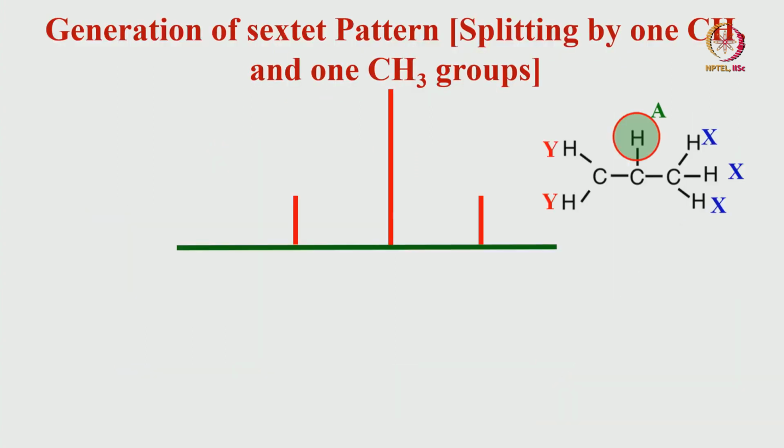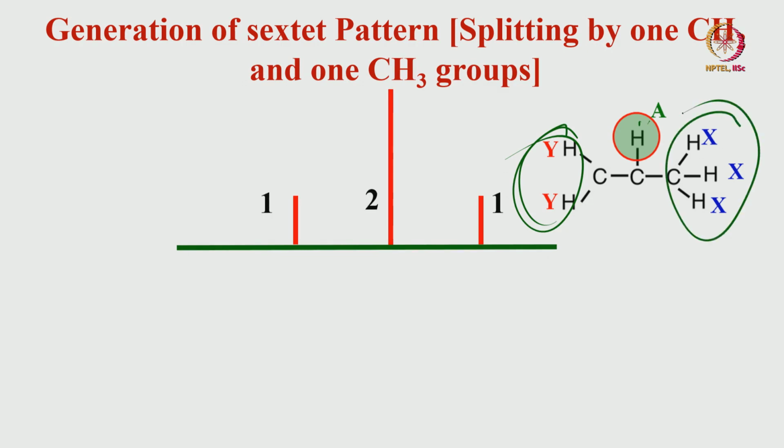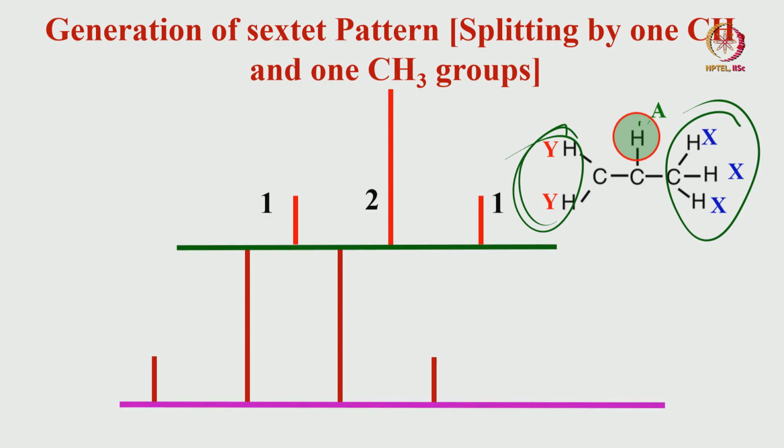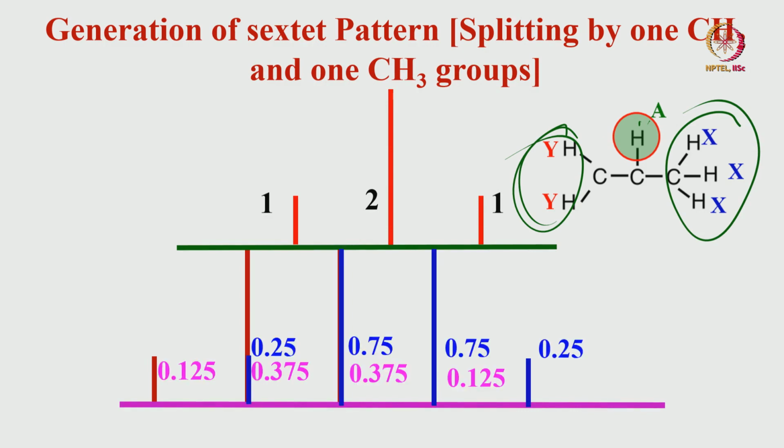Take this one. When this CH is coupled to CH2, it will give rise to a triplet. What is the intensity? 1-to-1. And each line of the triplet is split into a quartet because of CH3. You apply the 2nI plus 1 rule, and now each will become a quartet. And again this is a quartet, this is again a quartet. You see, I am showing in different colors.